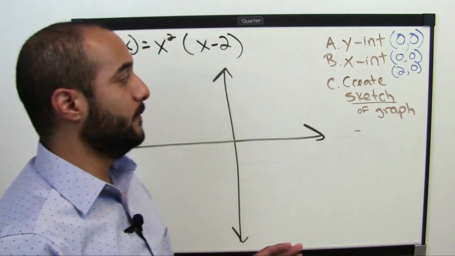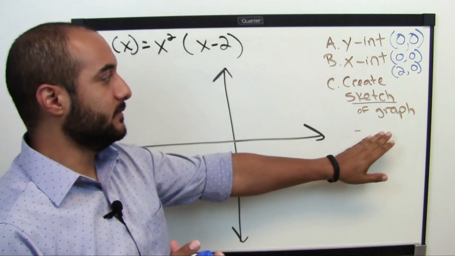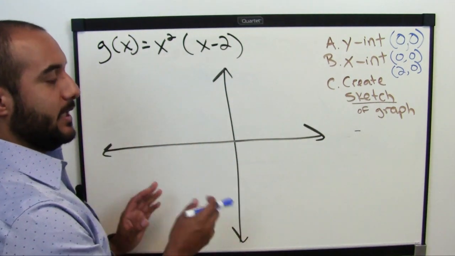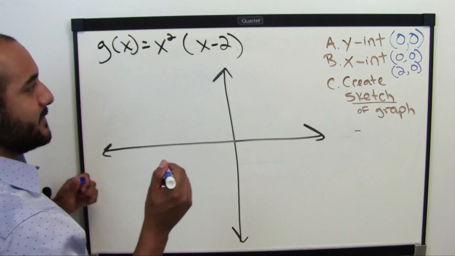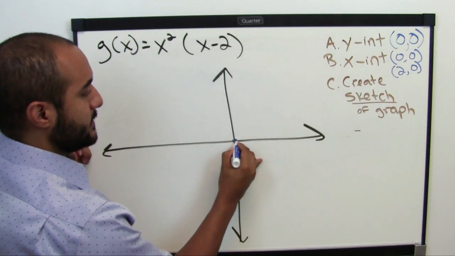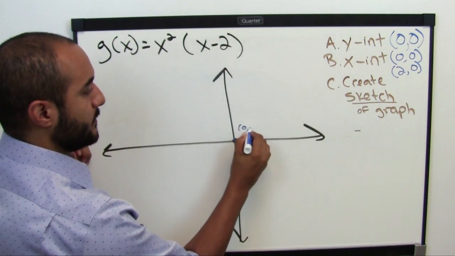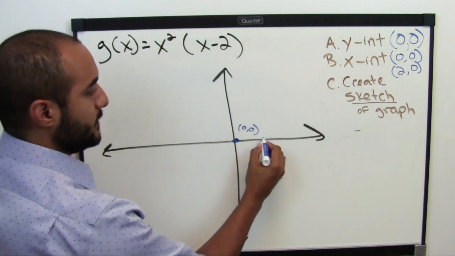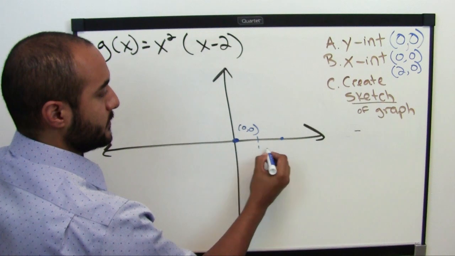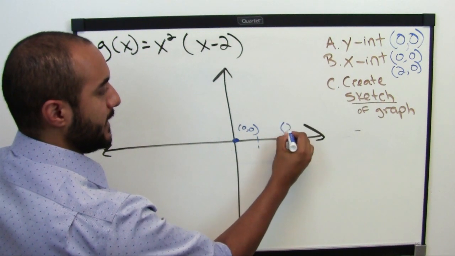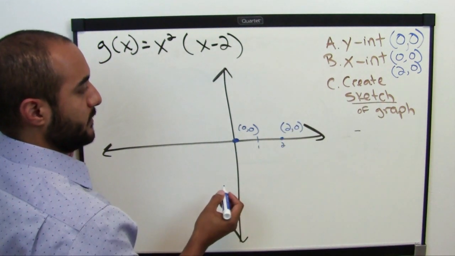Okay, so we're going to make our sketch now, and here I made a quick graph. I know I have my x-intercepts at (0, 0), and we'll stretch it out here. Let's say here's 1, here's 2, here is my (2, 0).